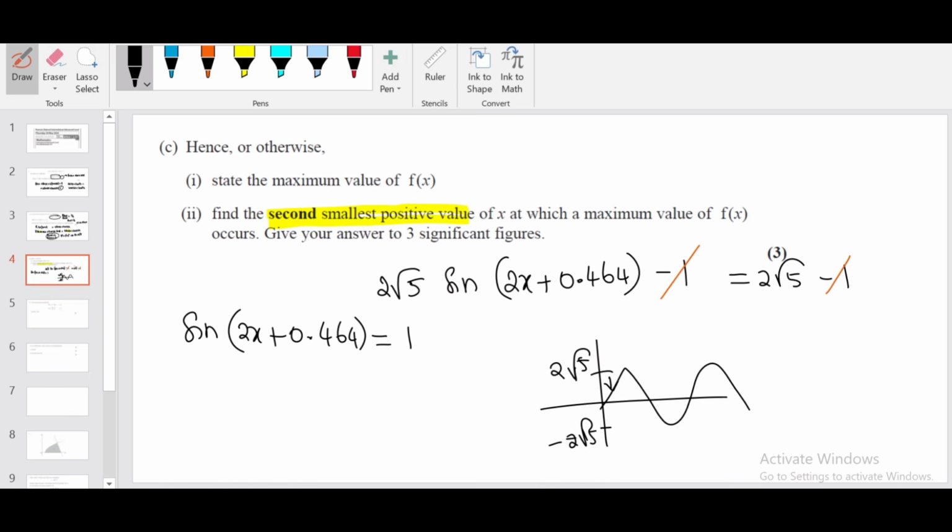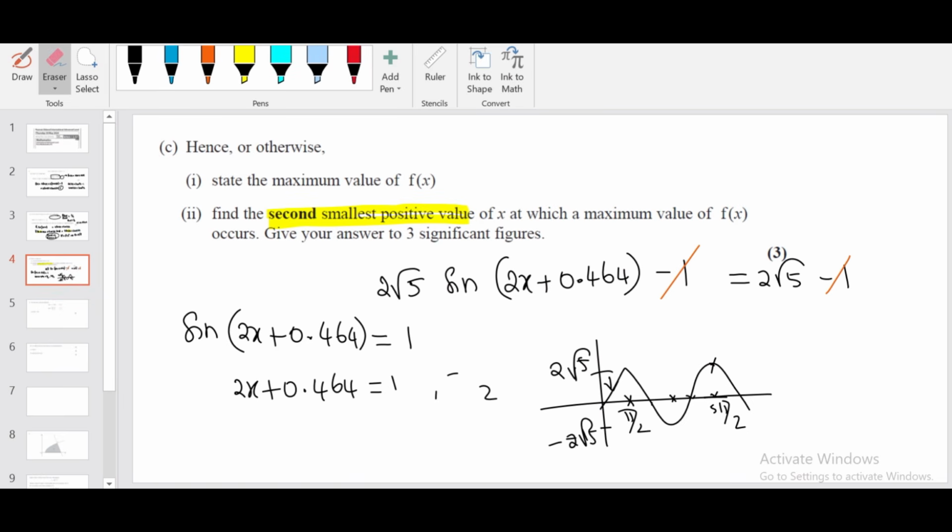Sin inverse of 1 is 2x plus 0.464. Sin will be 1 at pi over 2 at this point, but they are talking about the second point, so it's going to be 5 pi over 2. So take it is equal to 5 pi over 2 and find x.